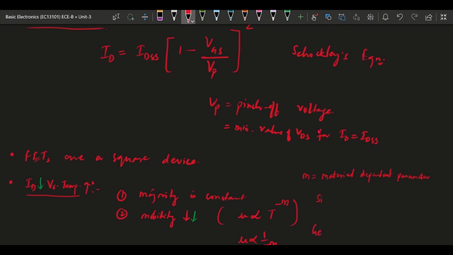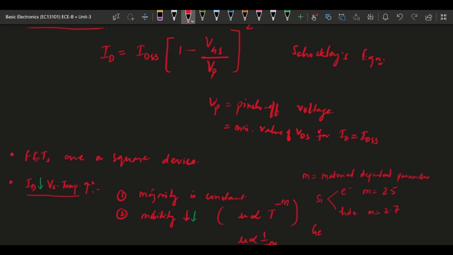So the mobility is basically defined in terms of hole mobility and electron mobility. If silicon is used for fabricating a device, then for electron mobility the m value will be 2.5, and for hole mobility the m value will be 2.7.